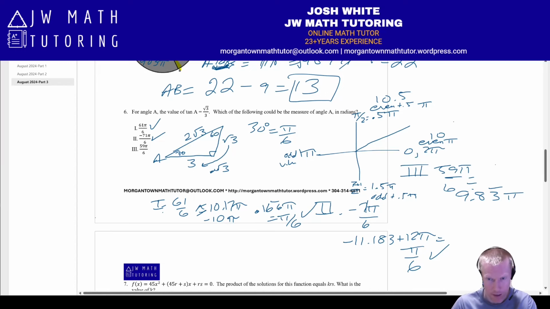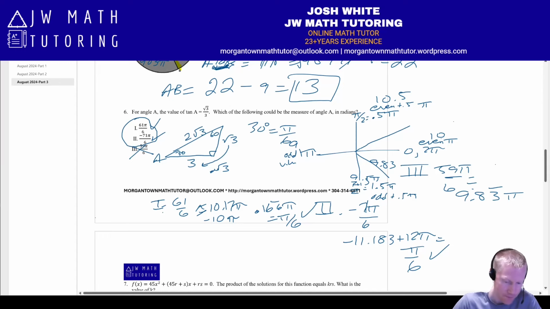So where's that going to be? 9 pi would be right here. 9.5 pi would be right here. 10 pi would be over here, all the way back around at the start. So that means 9.83 is going to be somewhere between 9.5 and 10, so this is going to be quadrant 4. This is not going to be equivalent to pi over 3, or excuse me, pi over 6. So this one doesn't work. So the correct answers are going to be 1 and 2.